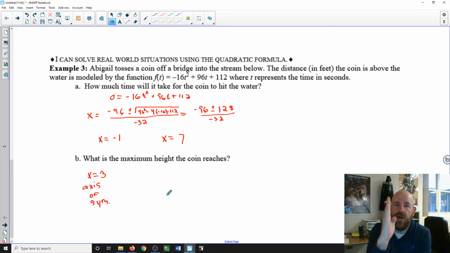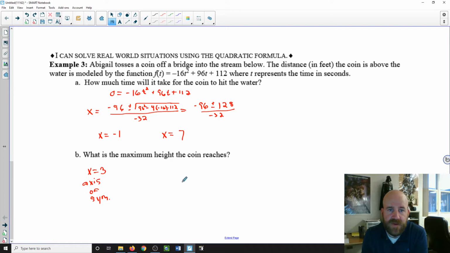So if we know where our axis of symmetry is, we know the vertex lies on the axis of symmetry, we can go ahead and plug this x value into our original equation and solve for y. So we can find the height when time is 3. Obviously, these are all t values. I wrote x because that's what we're accustomed to, but we can change that later. So we plug it into the equation.